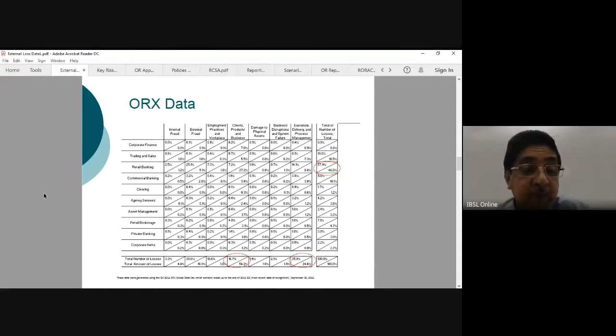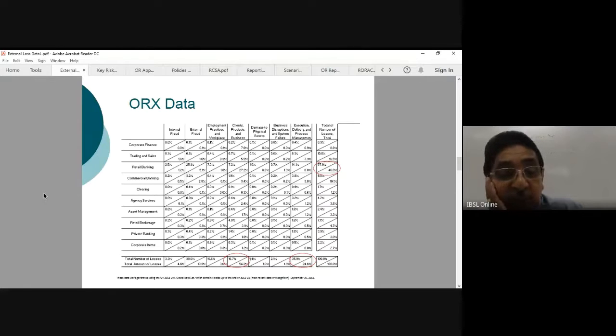The meaning is under internal fraud, you have number wise 3.3% events. So if you take the total number as 100, you have internal fraud events 3.3. And amount of losses.